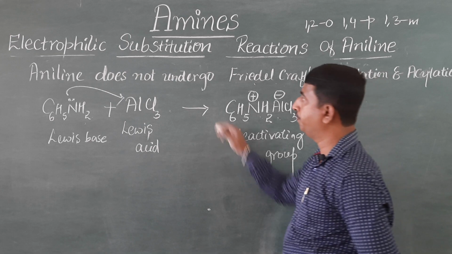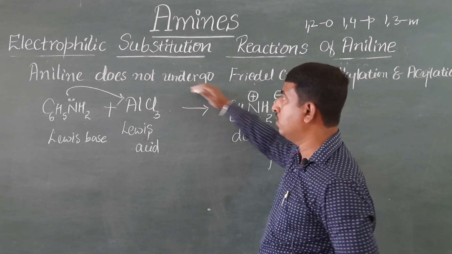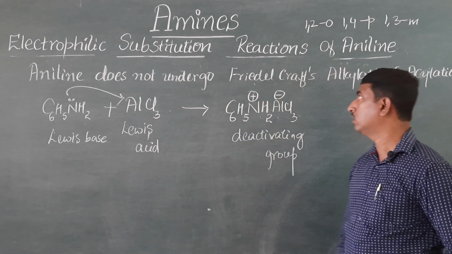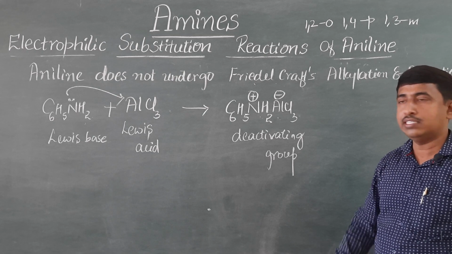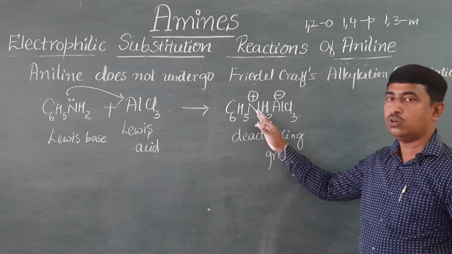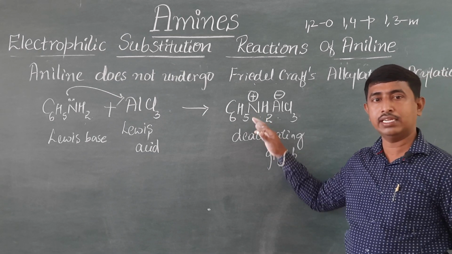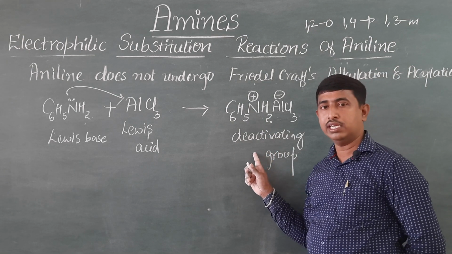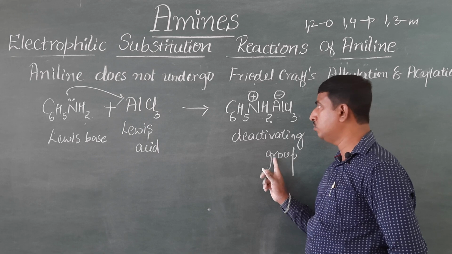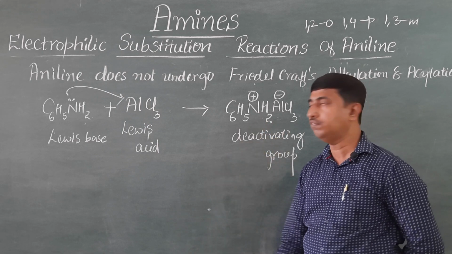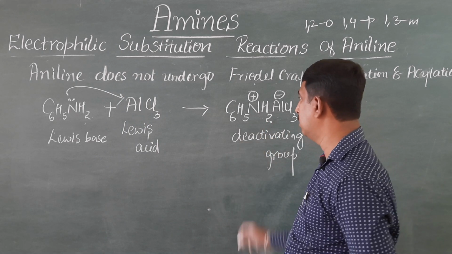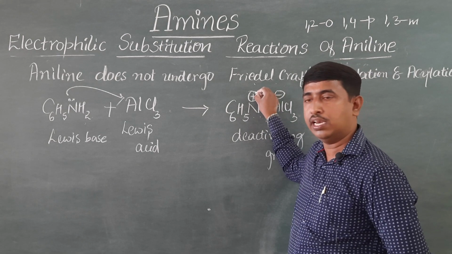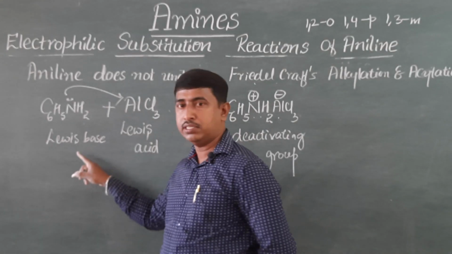As a result, aniline cannot undergo Friedel-Crafts alkylation as well as acetylation. Because there is no lone pair of electrons available, it cannot activate the benzene ring. Instead, it is a deactivating group due to the presence of positive charge upon nitrogen. This positive charge is created due to acid base reaction.